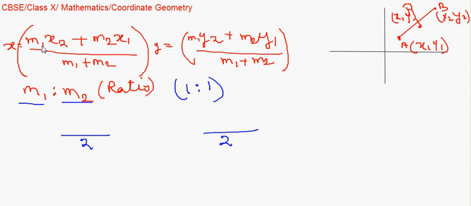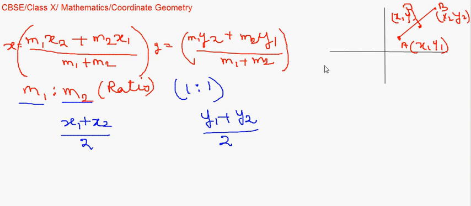In the numerator, replacing m1 with 1 and m2 with 1, we are left with x1 plus x2 by 2, and here y1 plus y2 by 2, which are separately called the midpoint formula.